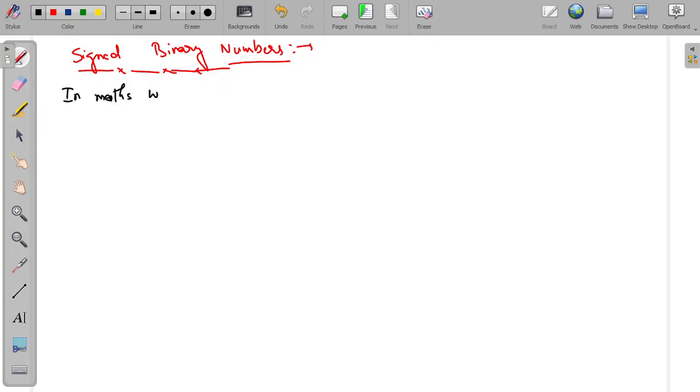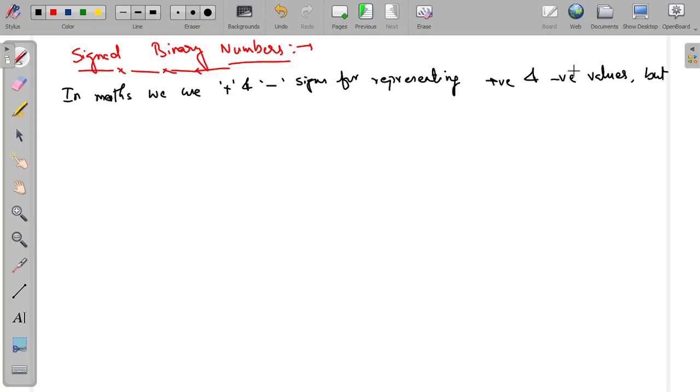In maths we use plus and minus signs for representing positive and negative values.